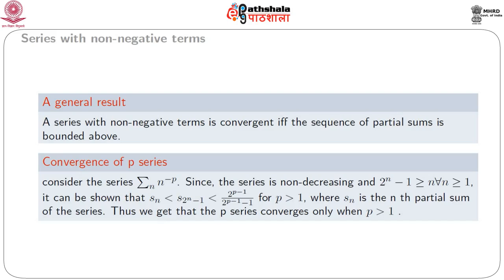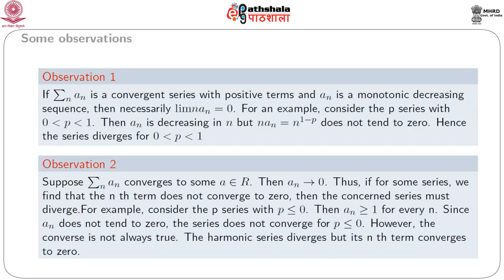Now let us give some possible observations. First one is, if summation an is a convergent series with positive terms and an is a monotonic decreasing sequence, then necessarily the limit of n multiplied by an equals 0. For an example, consider the P series with 0 less than p less than 1.